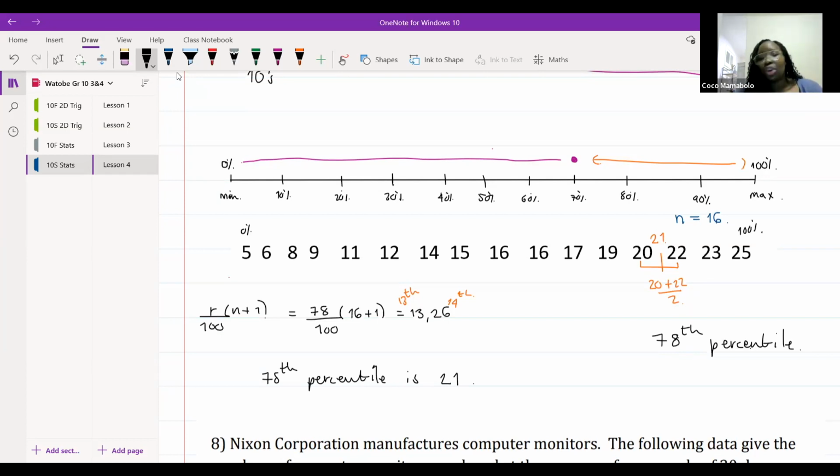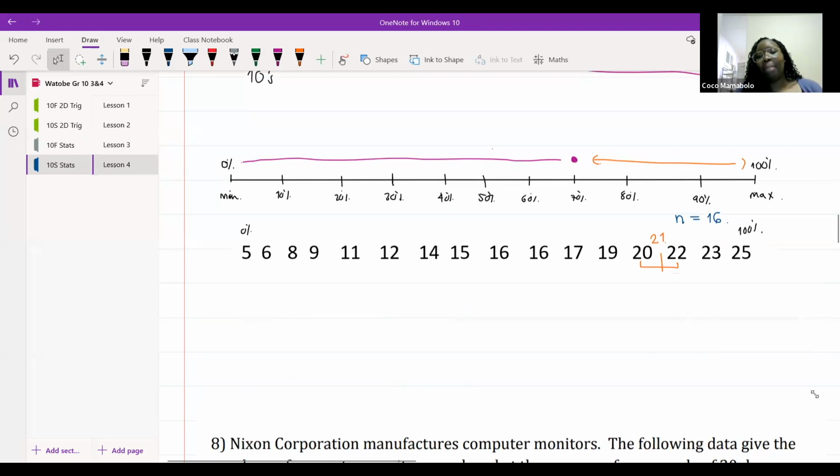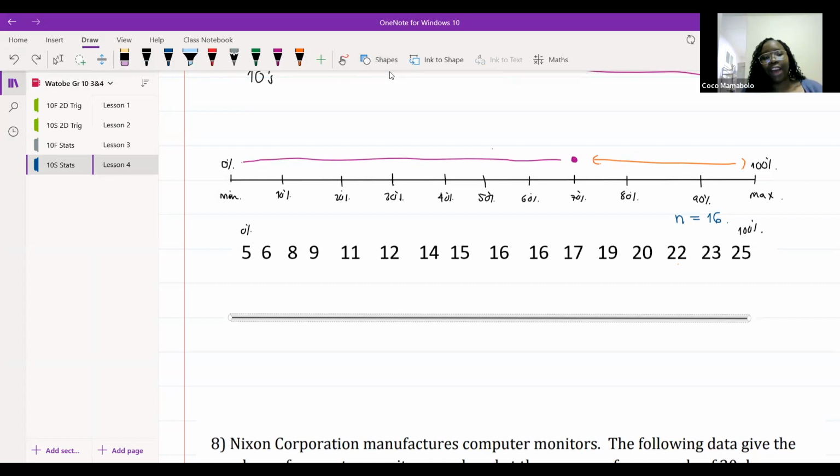Excellent. All right, let's talk about box and whisker plots before we run off. Remember that 5-number summary I was telling you guys about. I'm going to give you guys some work to do. For our 5-number summary, we are going to need our maximum and our minimum.